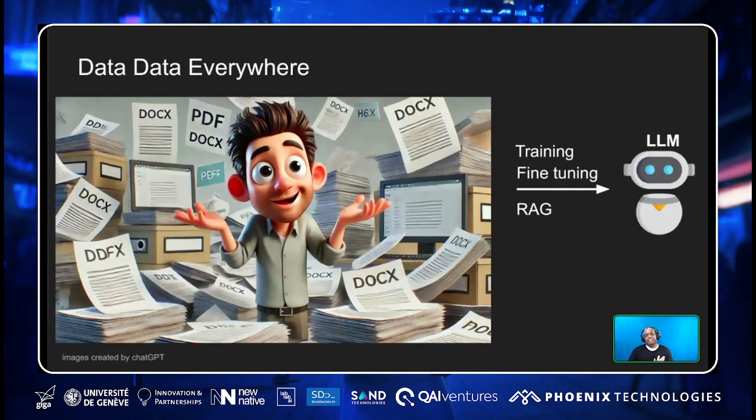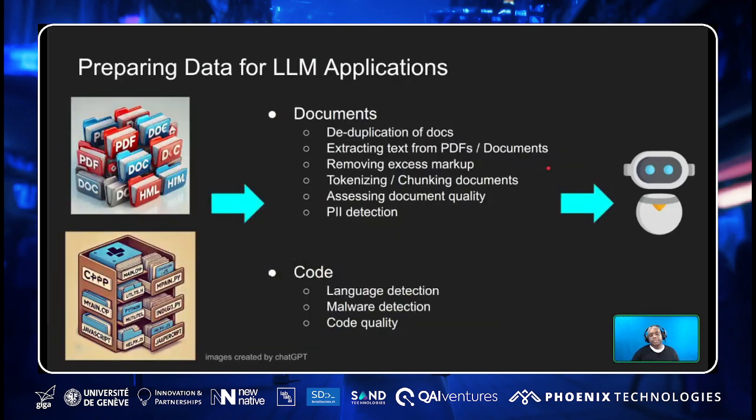Like we mentioned, whenever you're dealing with machine learning applications, especially LLM applications, you're dealing with lots of data. Your data could be documents, like PDF, Word documents, HTML, or even code. And whatever application you're using, whether it's RAG or fine tuning, you have to work with data. For example, let's say you are working with documents. What are some of the steps you have to do?